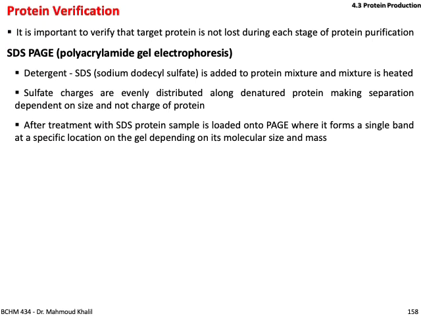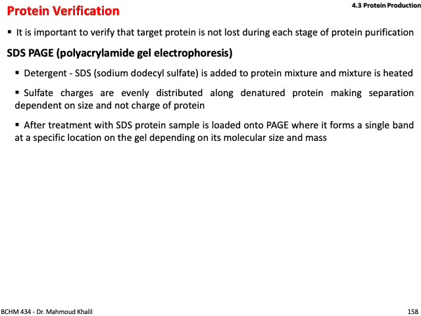Protein verification. It is important to verify that the target protein is not lost during each stage of purification. So basically, the first thing you do is SDS-PAGE. You use a detergent, SDS, which is added to the protein mixture, and the mixture is heated.